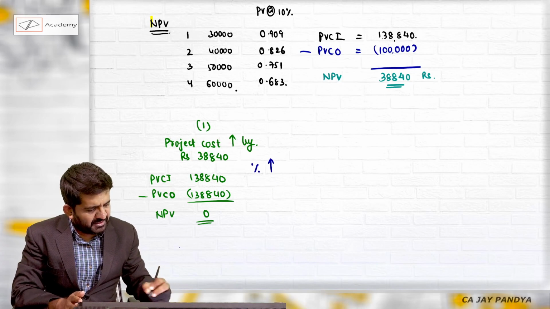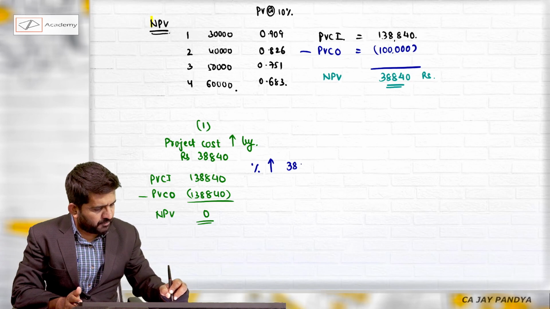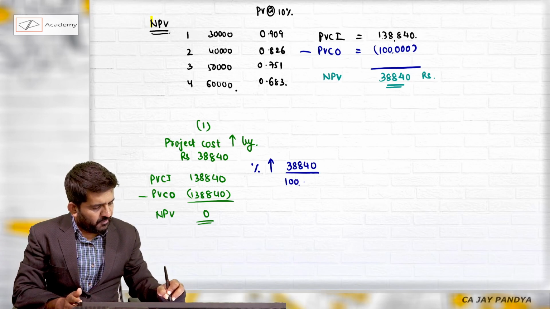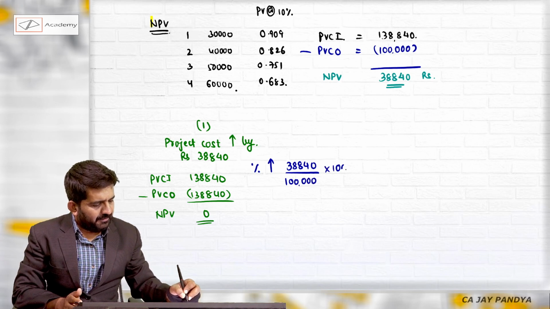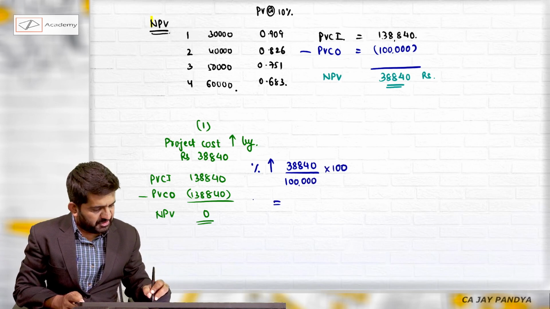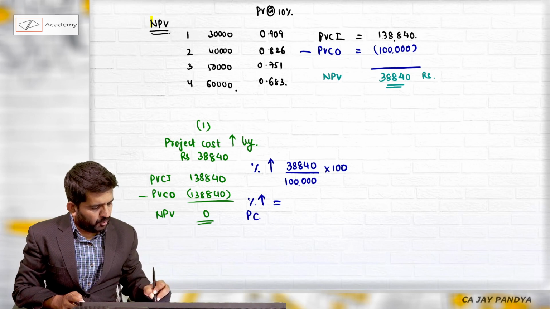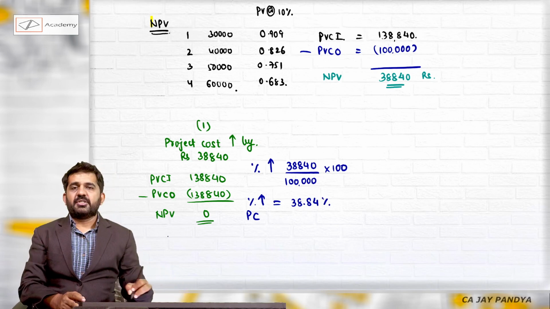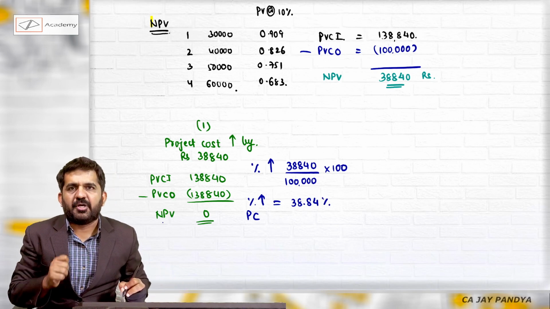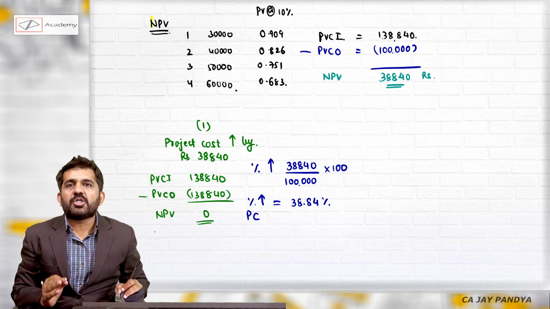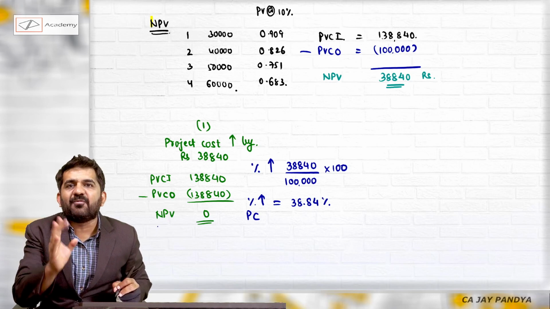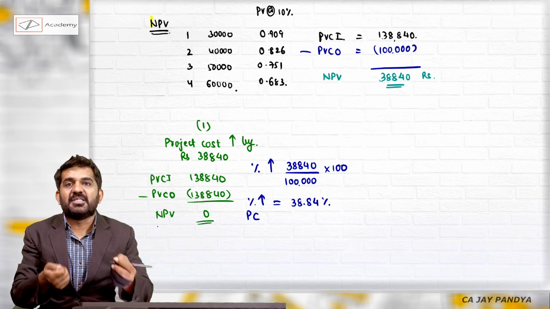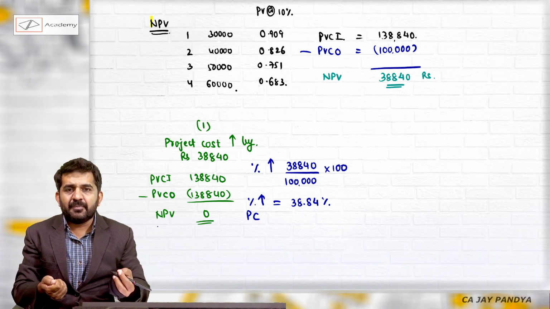It is 38,840 from 1 lakh rupees multiplied by 100, that is 38.84 percent. Please try to understand the interpretation. If the project cost increases by 38.84 percent, then my NPV will become 0.